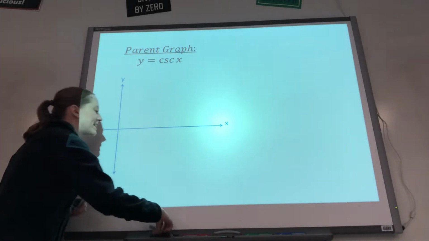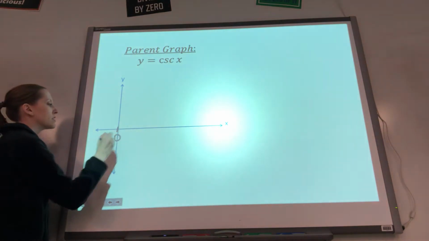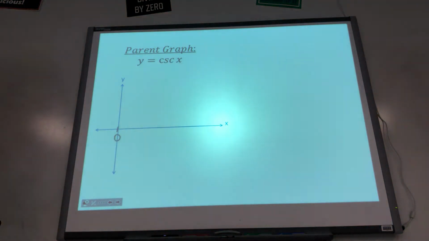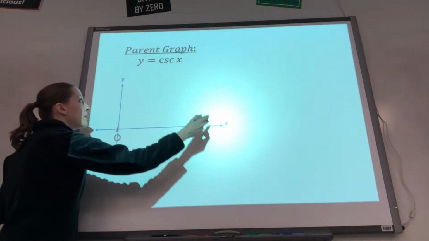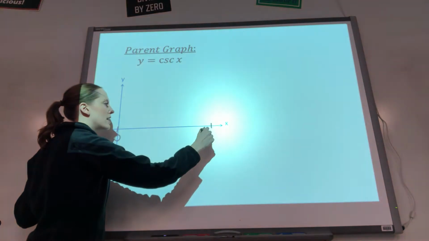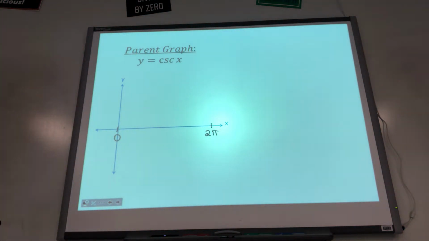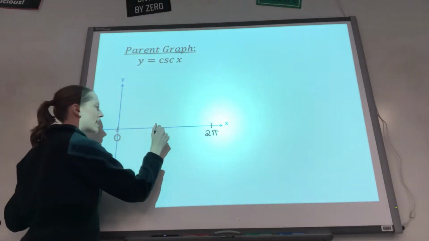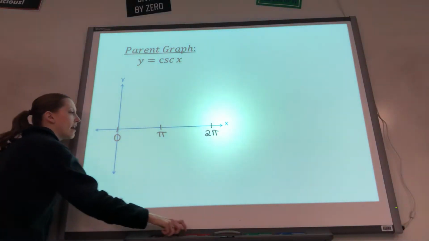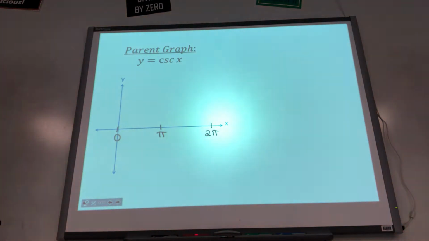All right, we shouldn't really have to label 0 because we all know where 0 is, but I'm going to put it there just to show you that it is going to be one of our important x values. Then I'll come all the way over here and label that last value 2 pi. And so right in the middle there, you would have 1 pi, or just pi.